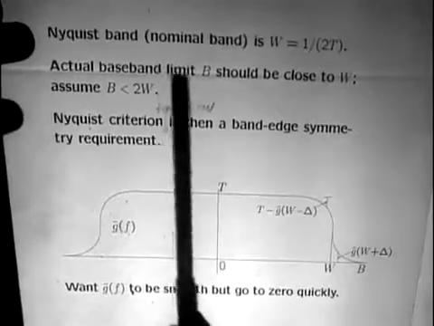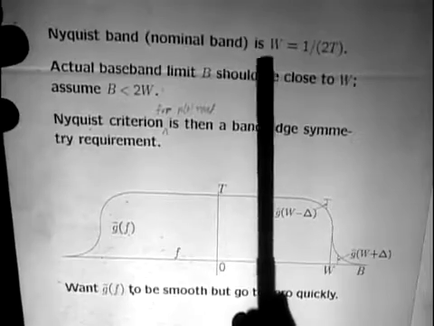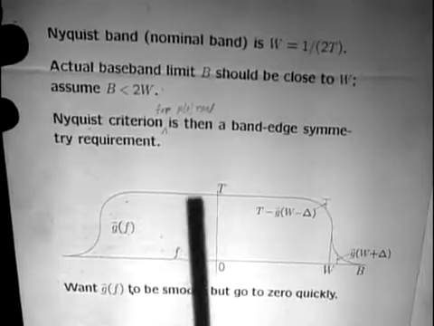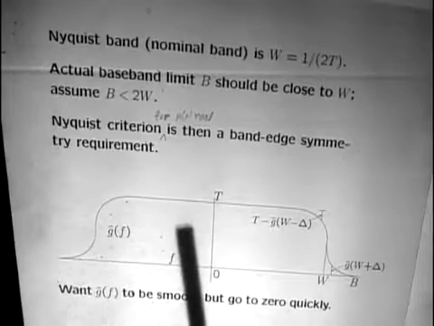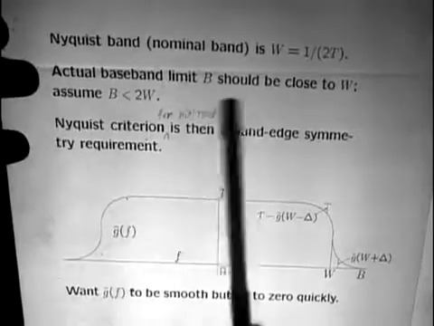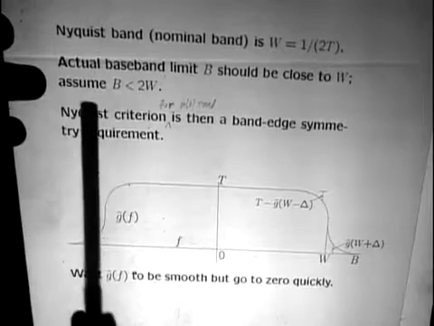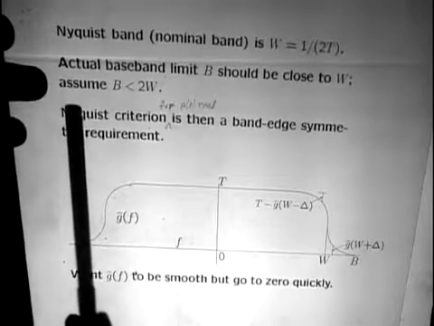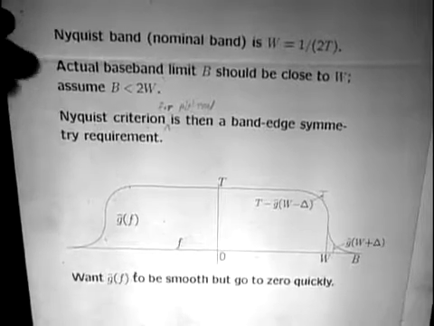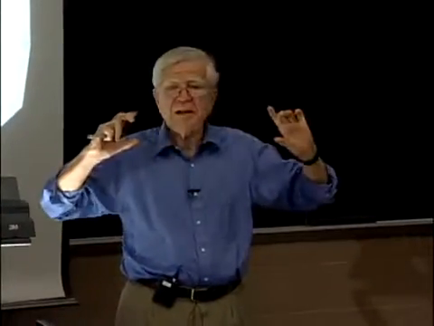Okay, we define the nominal band, the Nyquist band, as the baseband bandwidth W equals 1 over 2T. That's the bandwidth that a sinc pulse would have if you were using a sinc pulse. The actual baseband limit B should be close to W. Most of the work that people do building filters is because we're stuck with the FCC and other constraints that say you better keep this band limited.